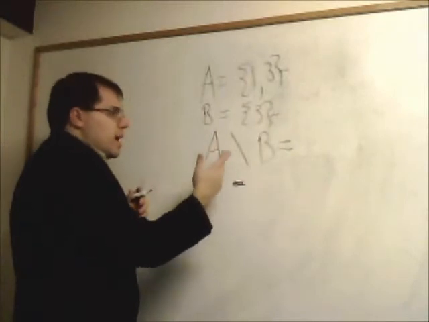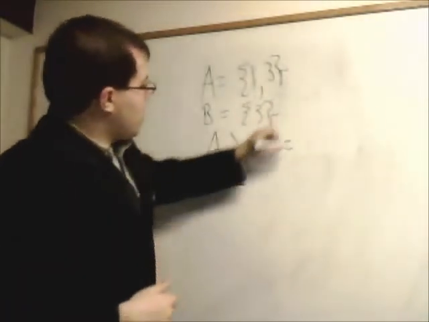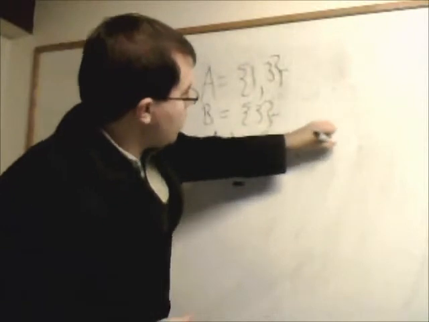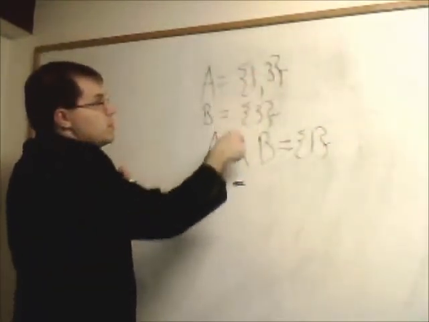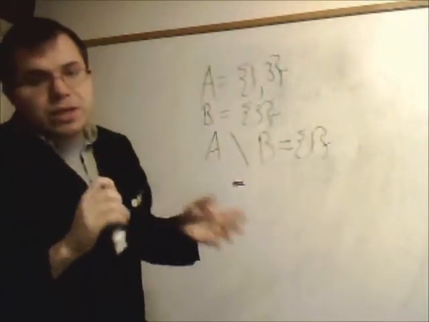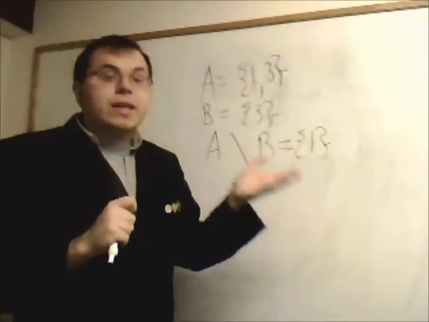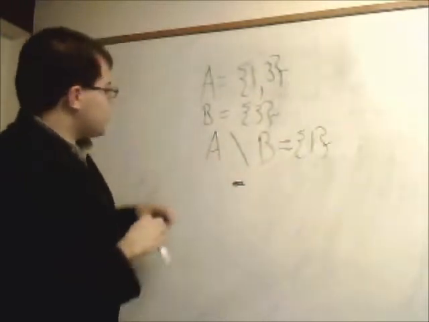So for this operation, A set subtraction B would just be {1}, because the set subtraction would take away the 3, because 3 is common between the two sets.